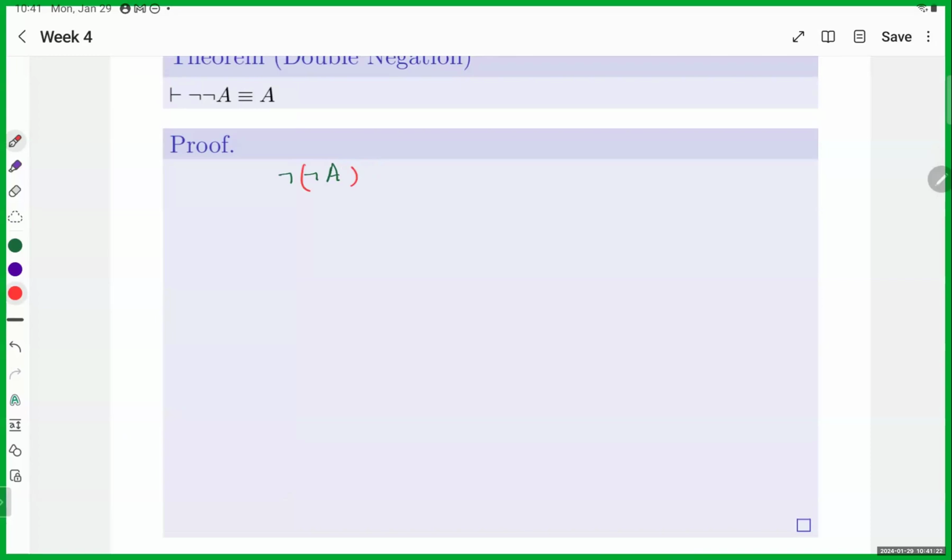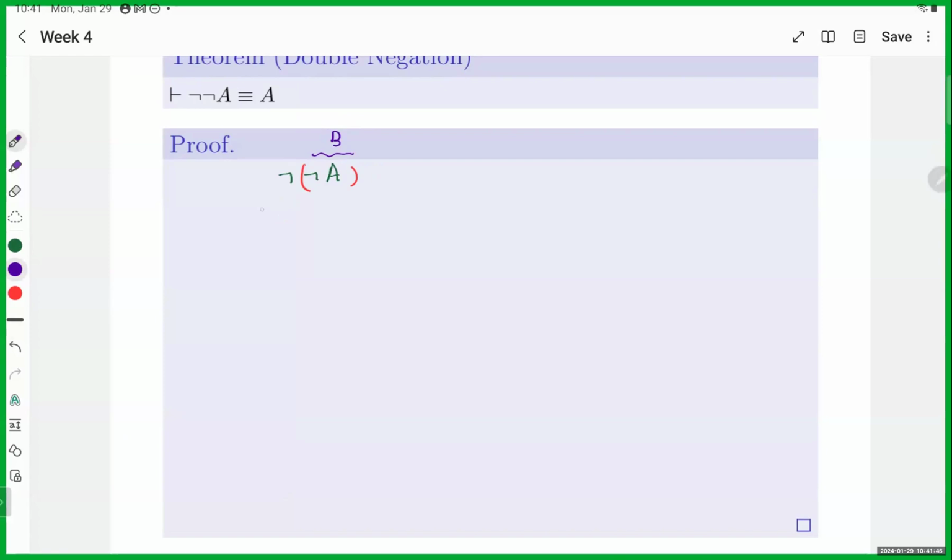So take this here. Negation of A is the negation of A, right? This is what it actually is. And if negation of A, you call it B, then you know negation of B is equivalent to B is equivalent to bottom.